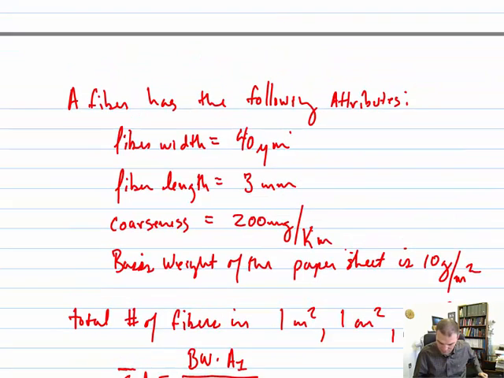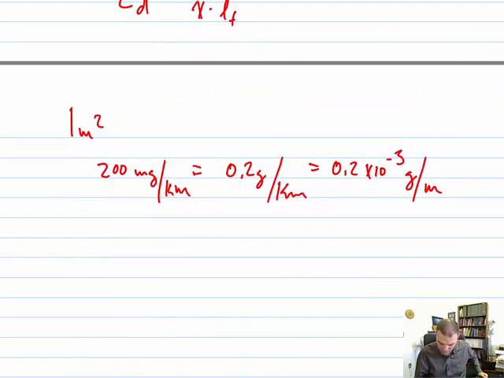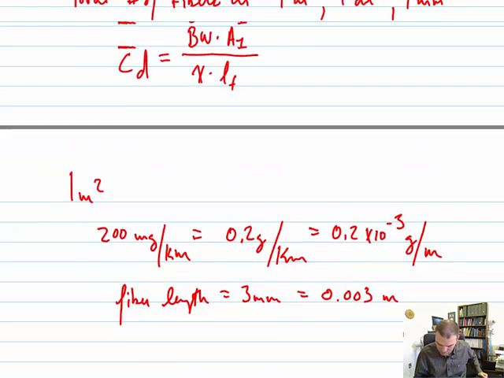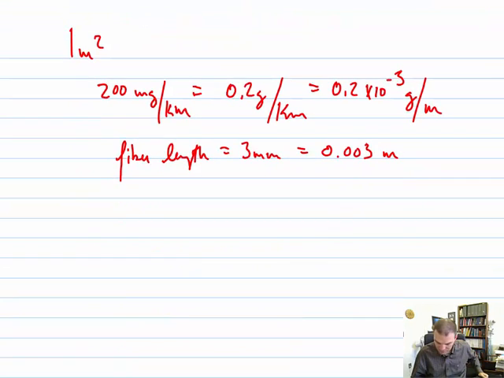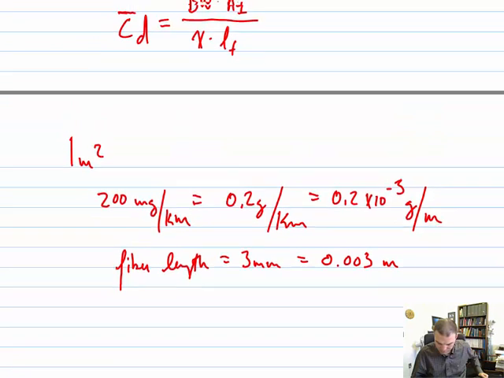So now we have grams and meters there. Let's change our fiber length. It's 3 millimeters, which is equal to 0.003 meters. Our grammage is okay, and we actually don't need our fiber width. That's an extra piece of information that we're not going to use.